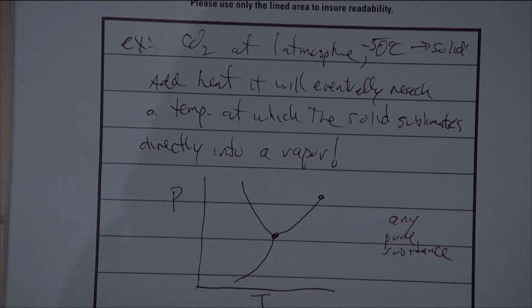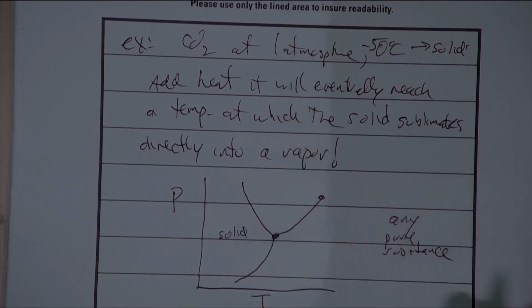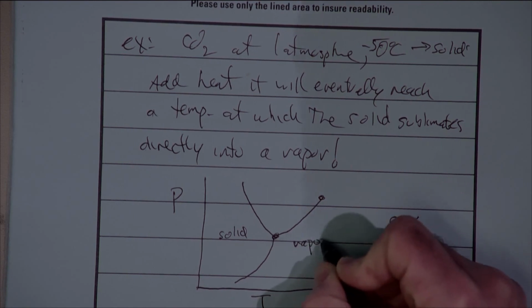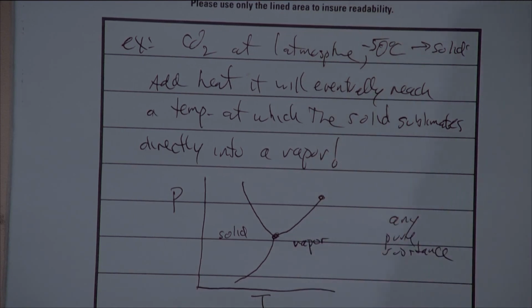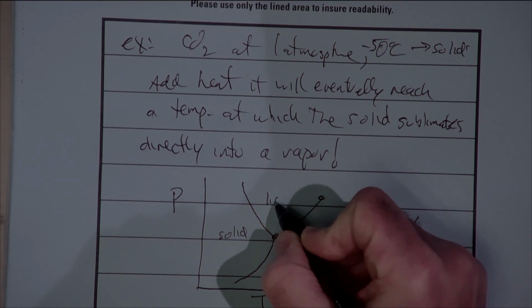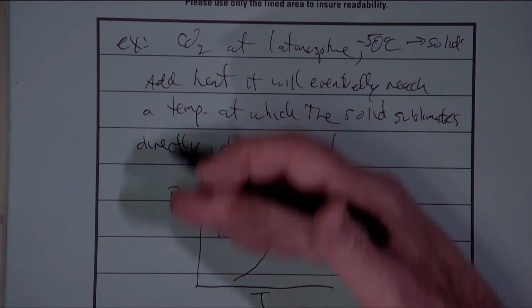I would just take data for any pure substance. What I would find is that at the lowest temperatures over a wide range of pressures, I could be in the solid phase. At the highest temperatures over a wide range of pressures, I could be in the vapor phase. But in order for me to be a liquid, I actually have to be at a pretty high pressure. I have to be up here somewhere. And this is what we find for every pure substance. The units are the only thing that varies.